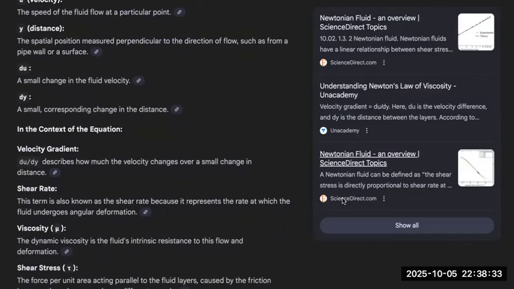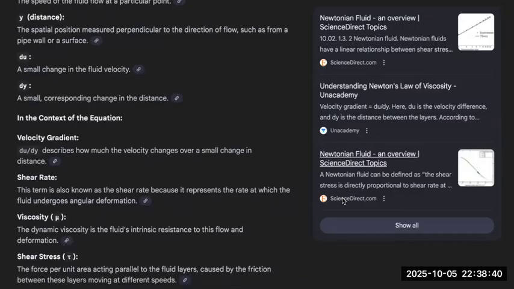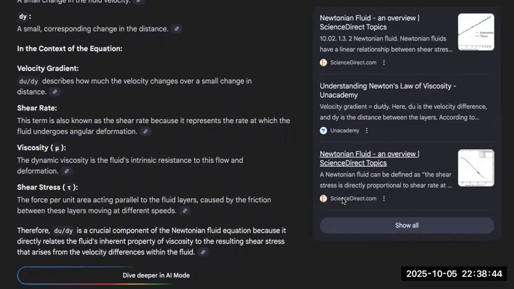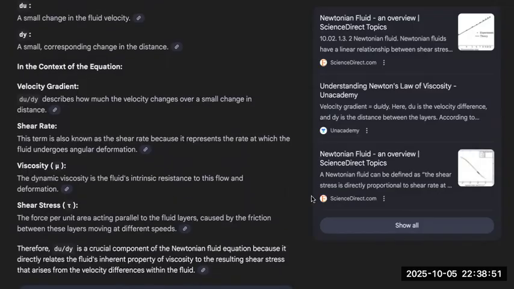du is a small change in the fluid velocity. dy is a small corresponding change in the distance. In the context of the equation, the velocity gradient du over dy describes how much the velocity changes over a small change in distance. Shear rate: this term is also known as a shear rate because it represents the rate at which the fluid undergoes angular deformation. Viscosity: the dynamic viscosity is a fluid's intrinsic resistance to this flow and deformation.